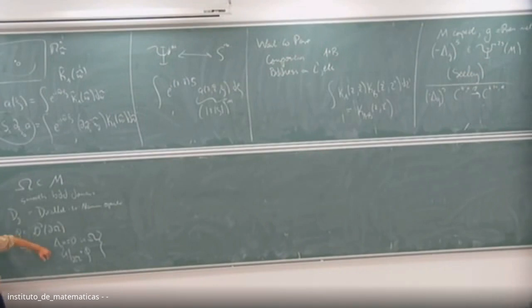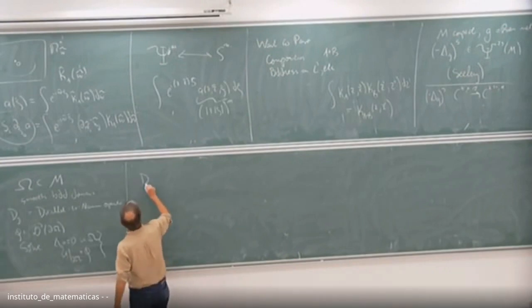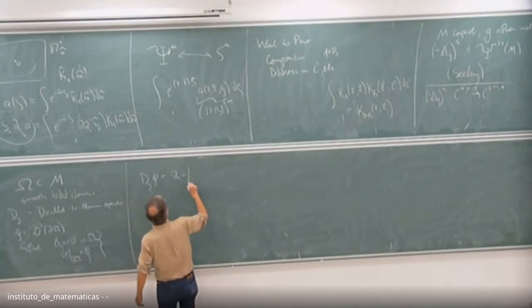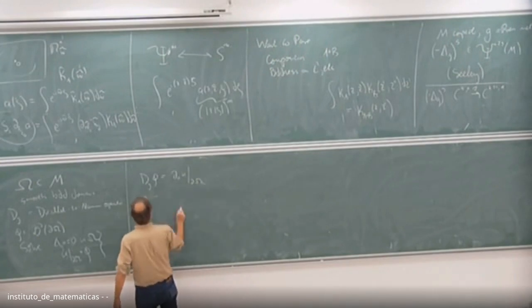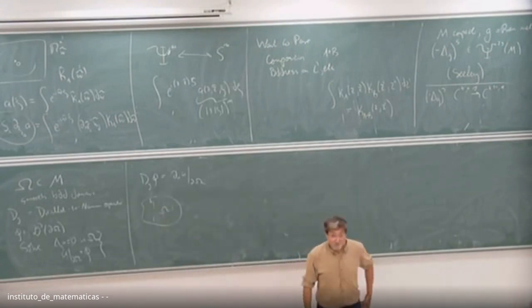Okay, so you can always make sense of this. You can always solve this. So the Dirichlet-to-Neumann operator applied to phi is exactly the normal derivative of u at the boundary of omega. Here's omega, whatever it is. I find u in the interior, and then I take this normal derivative. Okay? And so here's the theorem.